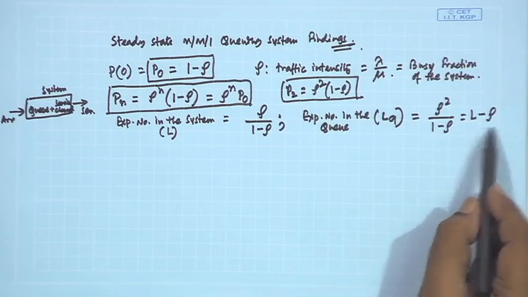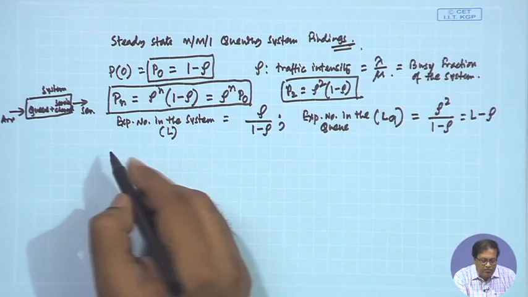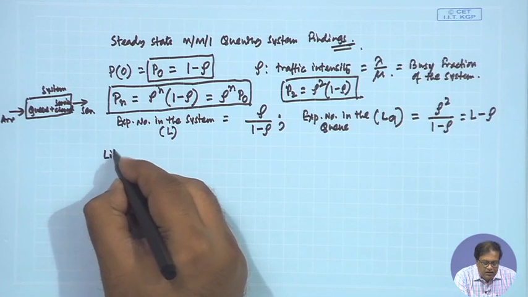At any point of time it is rho percentage of the time the system is busy. So, in other words you can tell that rho number of people are there in the service. So, how many people are there in the queue? It is L minus rho, right. So, that is LQ.